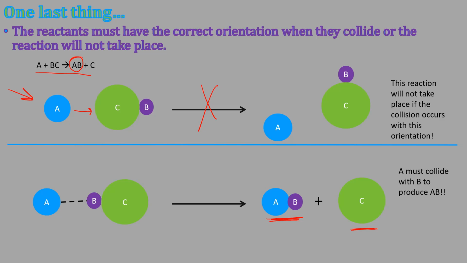So A has to collide with B. If the correct orientation of the reactants is not met during the collision, then the reaction can't proceed. So one of the requirements is correct orientation. The energy of activation has to be met, and the reactants have to collide with the correct orientation for the reaction to actually go to completion.